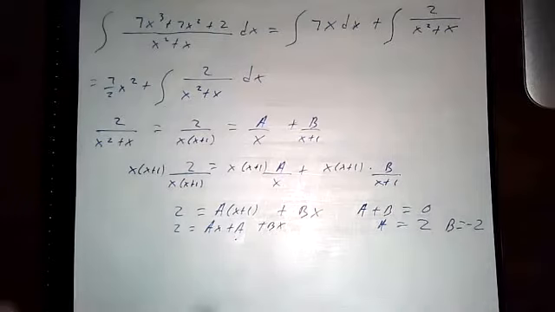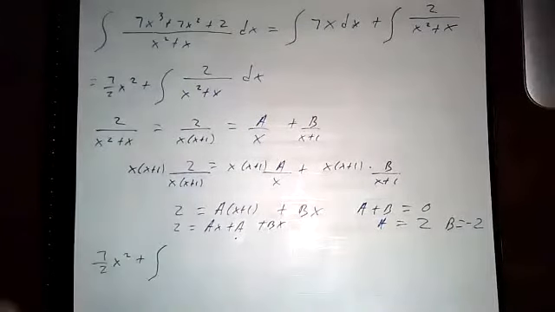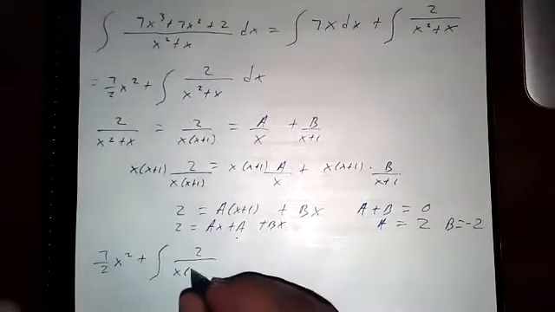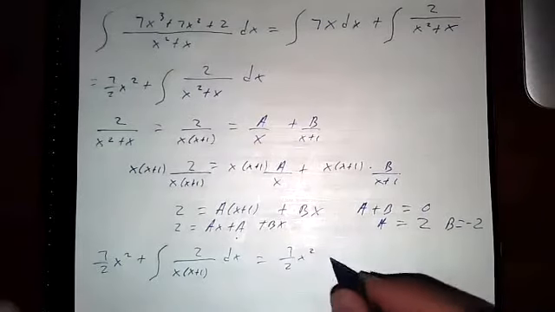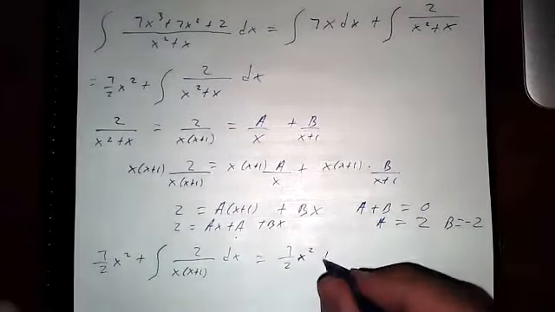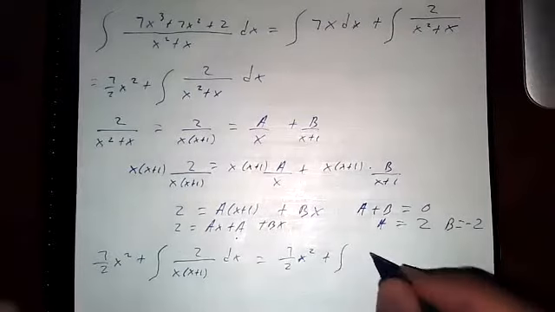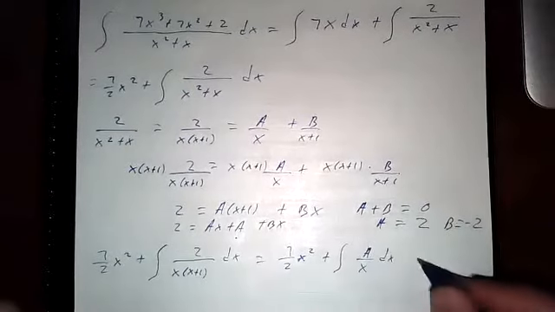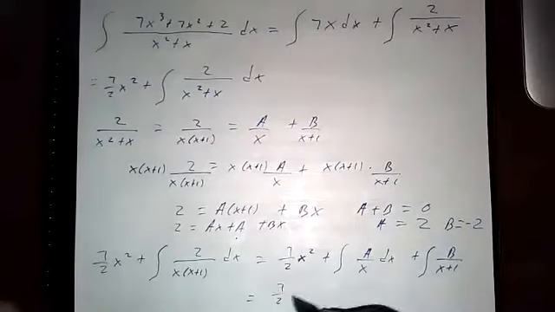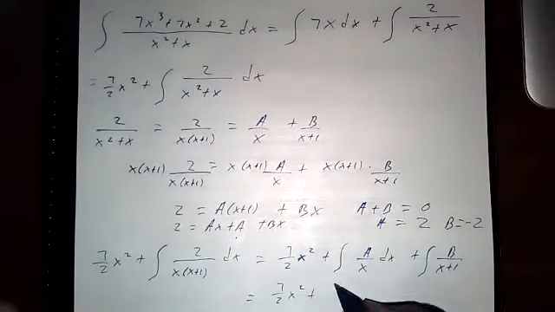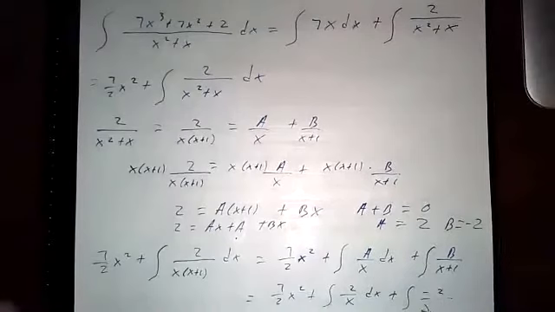Okay. So now back to this piece here. This will be equal to plus the integral of a over x dx plus the integral of b over x plus 1, which is equal to the integral of 2 over x dx plus the integral of negative 2 over x plus 1.